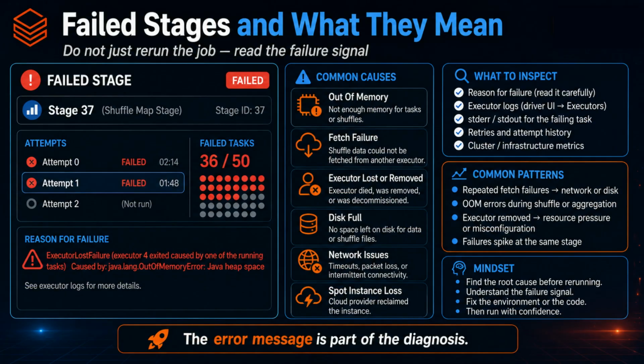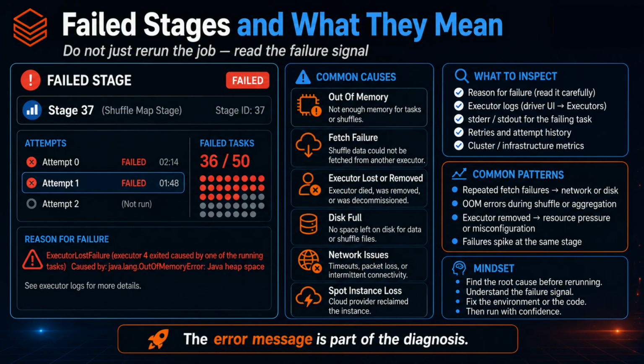When a stage fails, do not just rerun the job and hope for the best. A failed stage is a signal, and the error message is part of the diagnosis. Start by reading the reason for failure carefully. Then inspect task attempts, failed tasks, executor logs, standard output and error logs, and cluster or infrastructure metrics. Common causes include out-of-memory errors, fetch failures during shuffle, executors being lost or removed, disk full conditions, network issues, or spot instance loss.